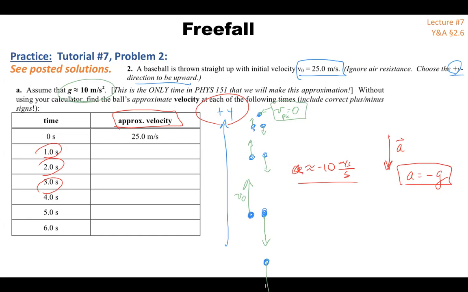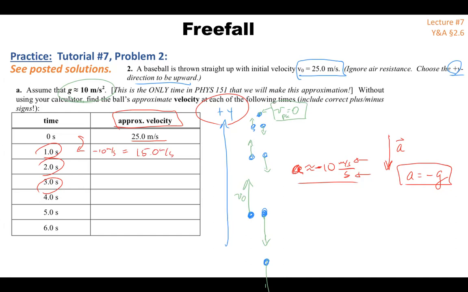Well, remember, this is just reminding us what acceleration really means. It's the rate of change of velocity. So for every second that goes by, we need to make sure that the velocity changes by minus 10 meters per second. After 1 second has gone by, we can just subtract 10 meters per second from the initial velocity, and that would be equal to 15.